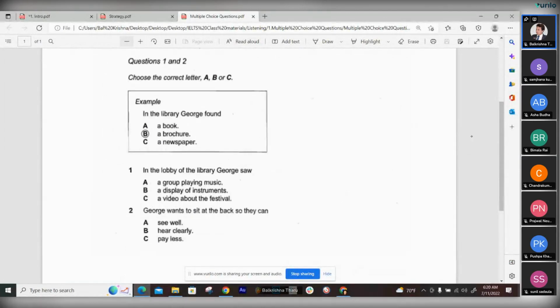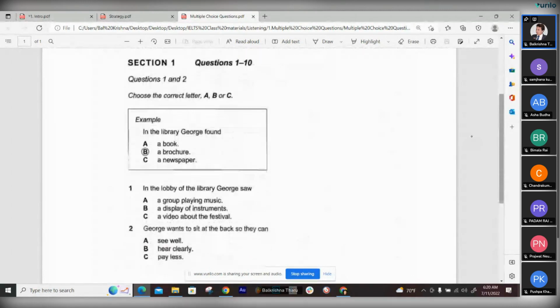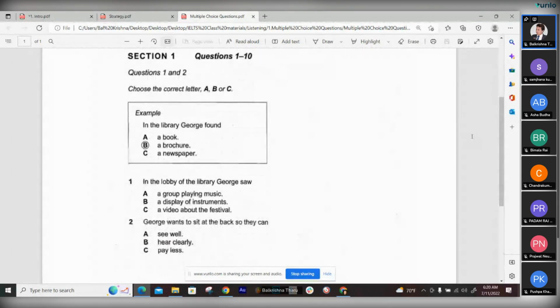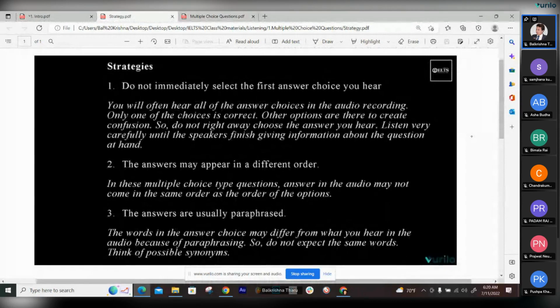I believe that you are able to see my screen. Okay, so what are we going to do? So this is a multiple choice question. So before we listen to the audio, let's look at the strategy.